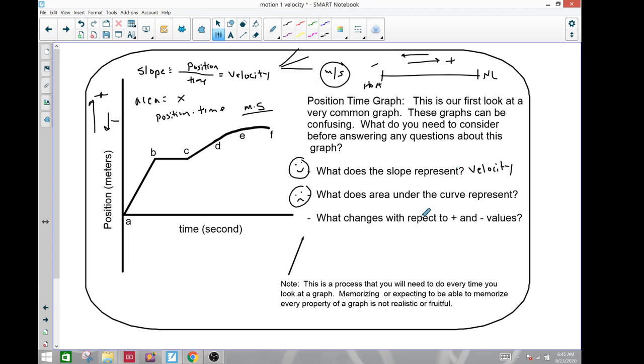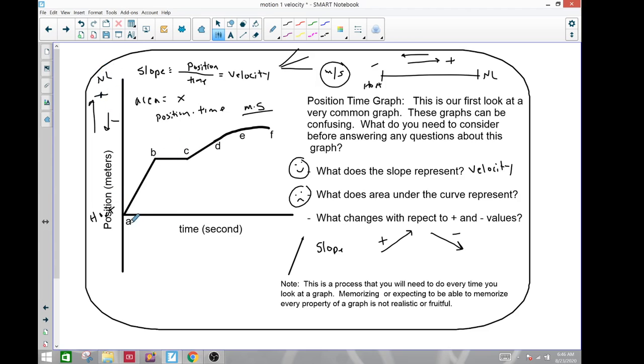Slope-wise, of course, you should recognize from your math classes that this is a positive slope and this is a negative slope. This is Hortonville right here. This is New London.